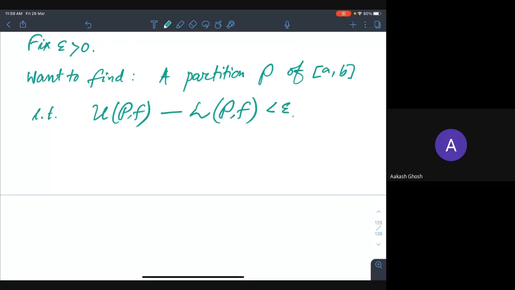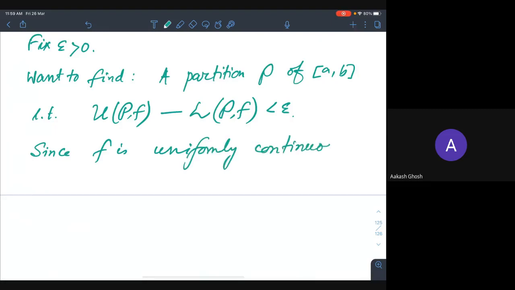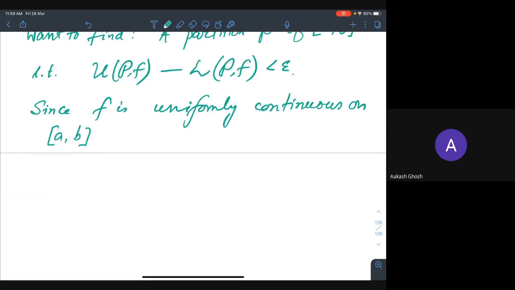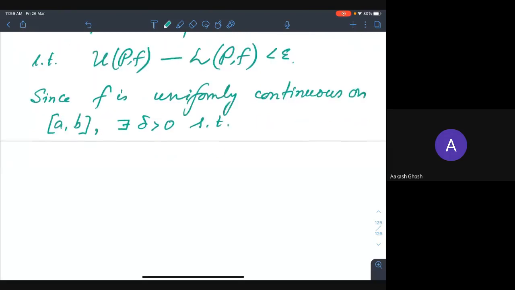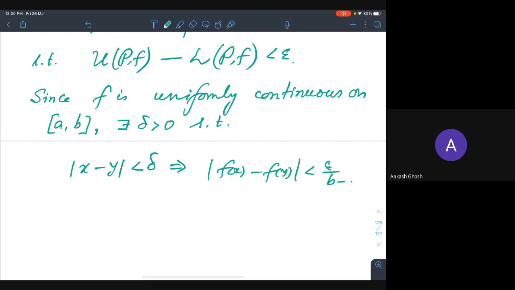Now, since f is uniformly continuous on [a, b], for this epsilon there exists delta greater than 0 such that |x minus y| less than delta implies |f(x) minus f(y)| less than epsilon by (b minus a).